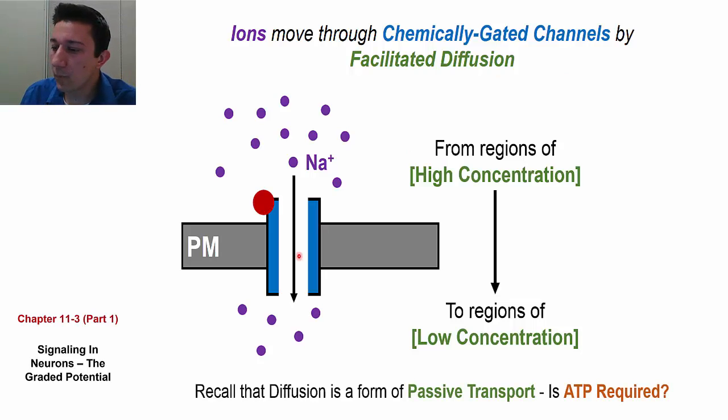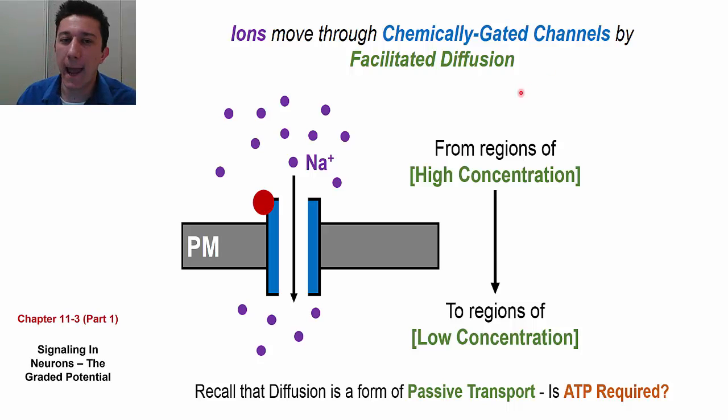And recall that diffusion is always a form of passive transport. So I'll ask here, do you recall whether ATP was required for passive transport? If you said no, ATP is not required for passive transport, that's correct.